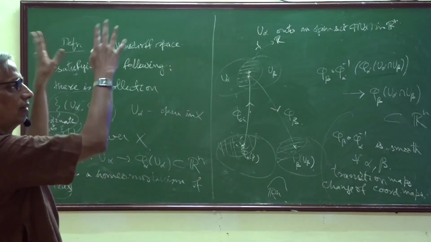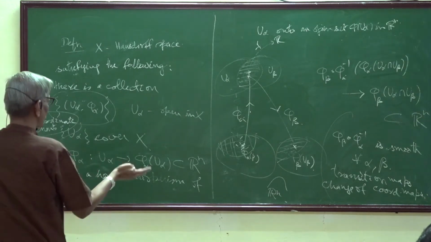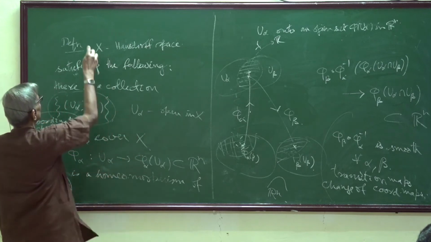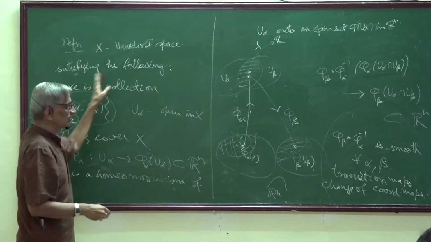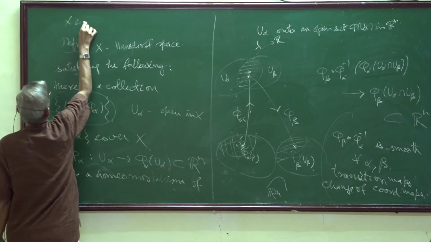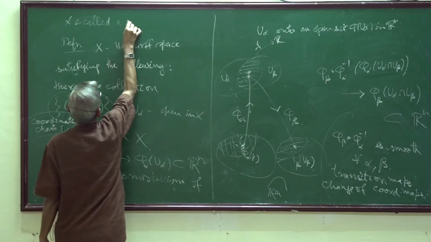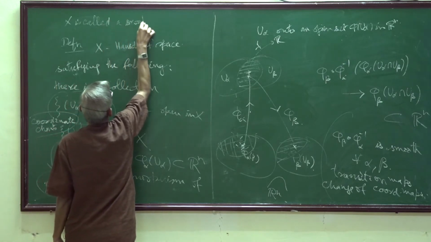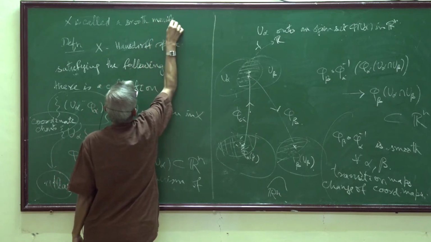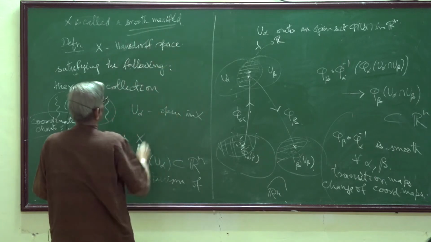So once you have all these gadgets appended to the space X, X is called a smooth manifold.